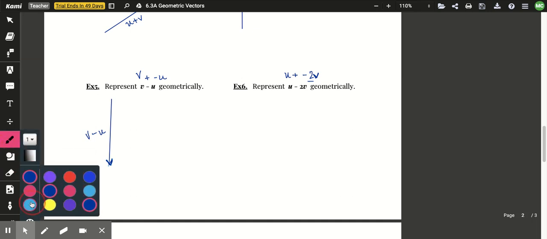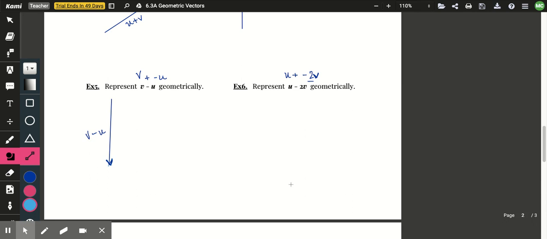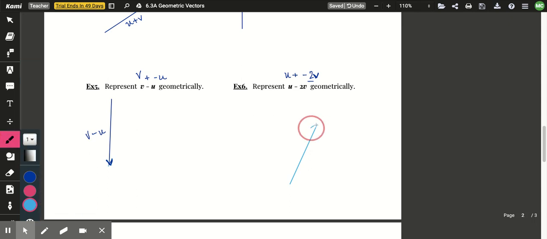I'll keep my color scheme the same there. So I'm using light blue for that one. So up and to the right, about a 60-degree angle, about that long, and then put in the head of my arrow there. So this is my vector U.